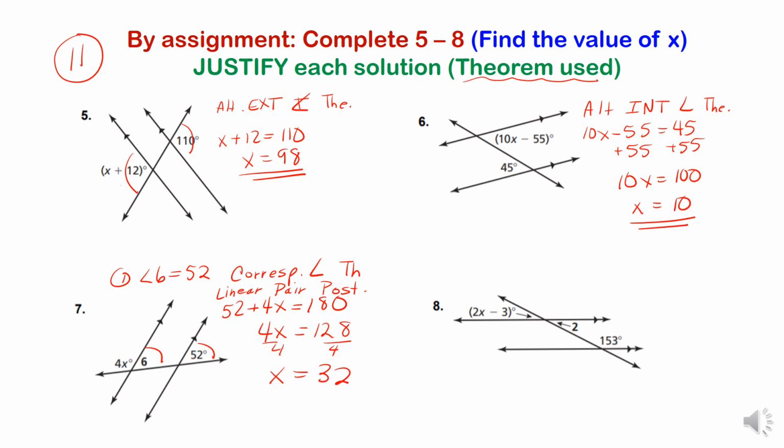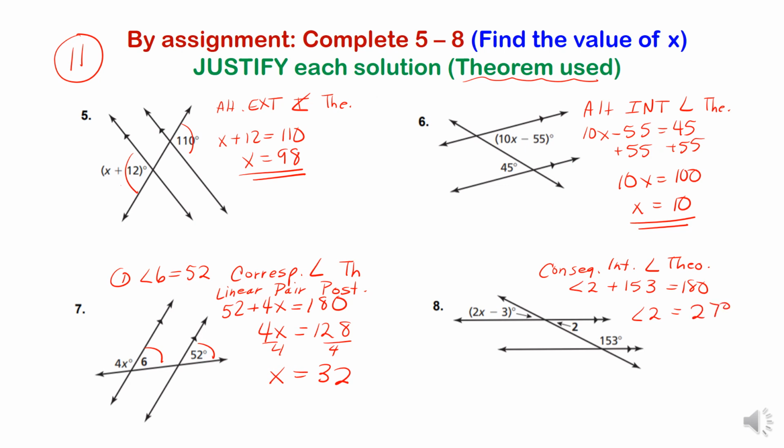Okay, over here, the first thing I'm going to do is I'm going to say that angle 2 plus 153 equals 180. And I'm going to do that using the consecutive interior angle theorem. We know that they are supplementary, right? So then I'm going to subtract 153, and I get 27 degrees.